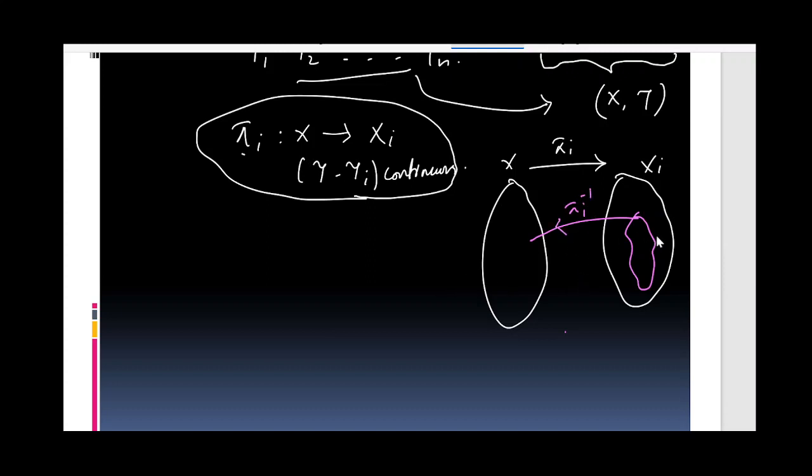If we can prove that this is also open, that is, if the inverse image of an open set is open, then we say the function is continuous. So let's see how we can prove it.